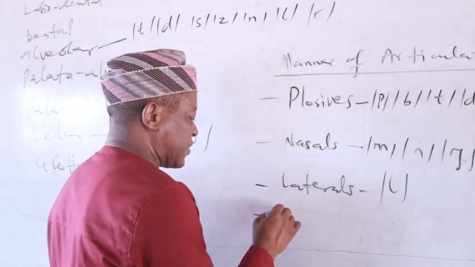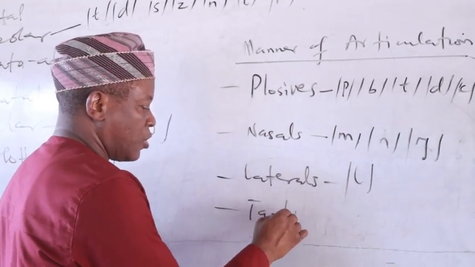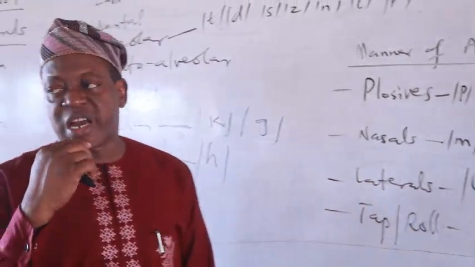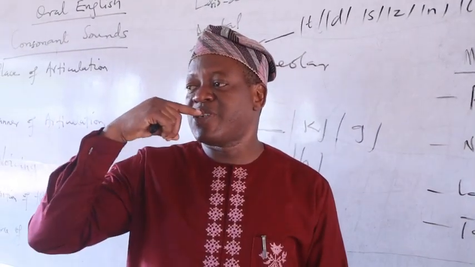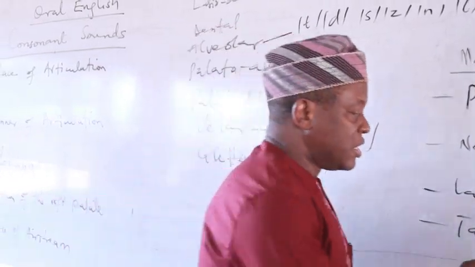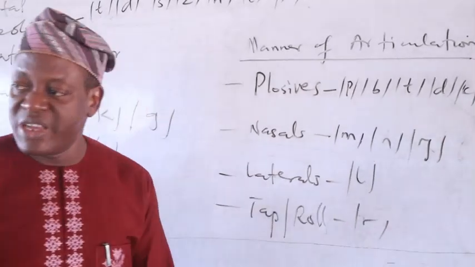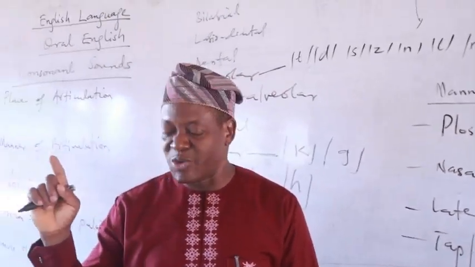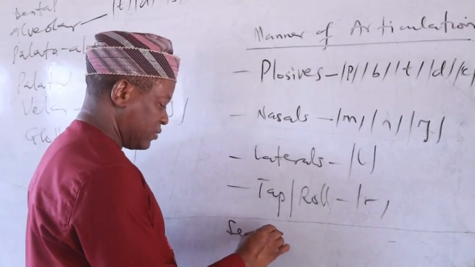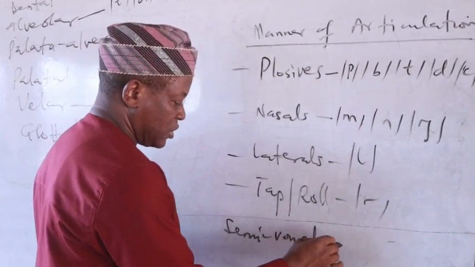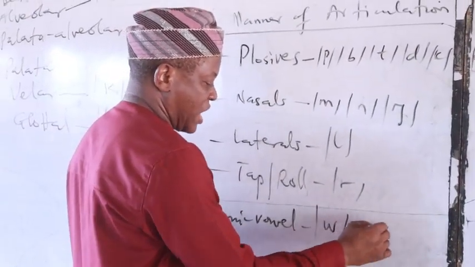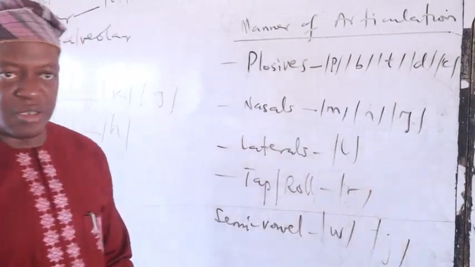We have tap or roll. The air coming from the lungs, we just tap the tip of your tongue. R. So that is it. Then we have the semi-vowels. We have two of them: W and Y.